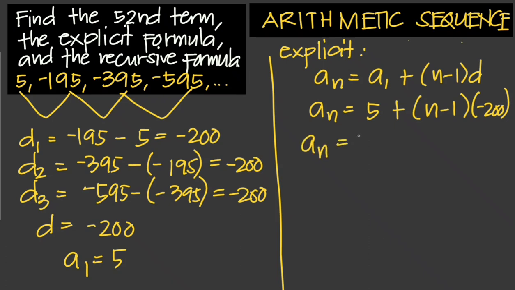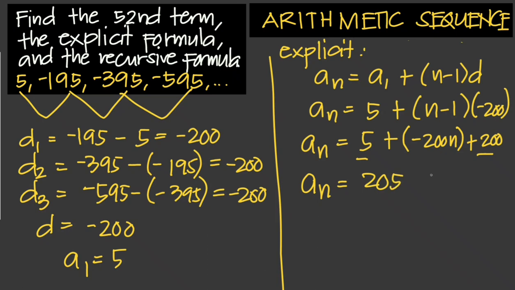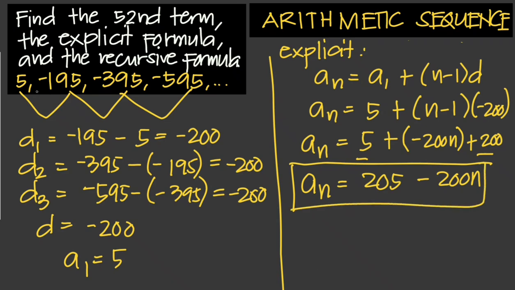Then simplifying this would be 5 plus negative 200n plus negative 1 times negative 200, which is 200. By grouping like terms, this would be 205 minus 200n. So this is our explicit formula for this arithmetic sequence.